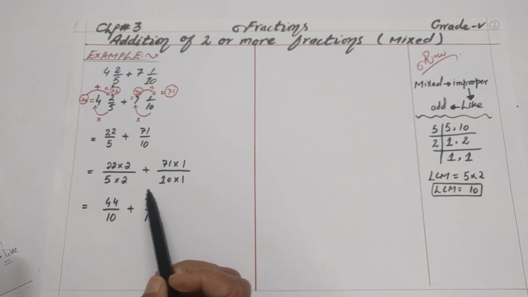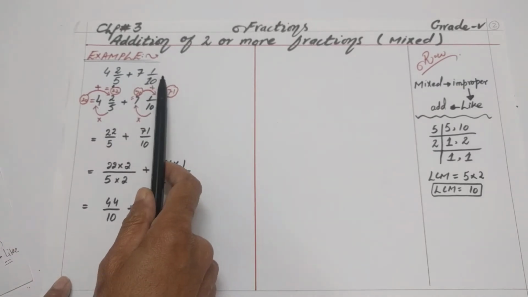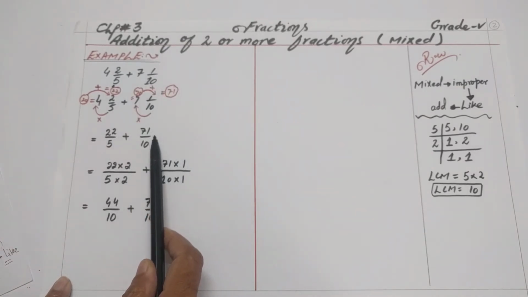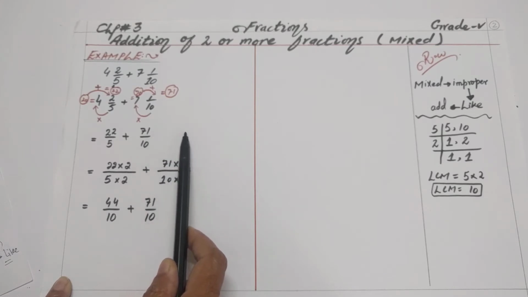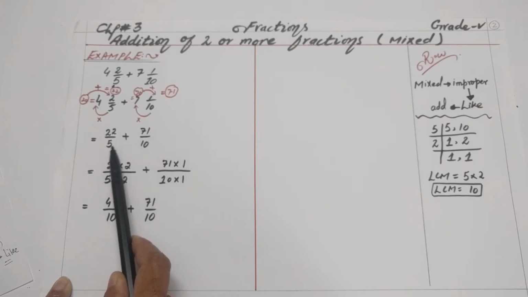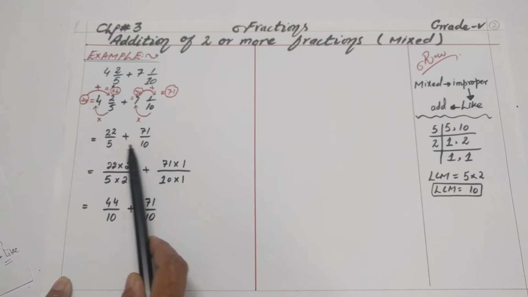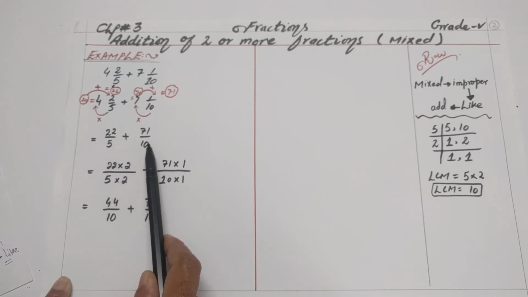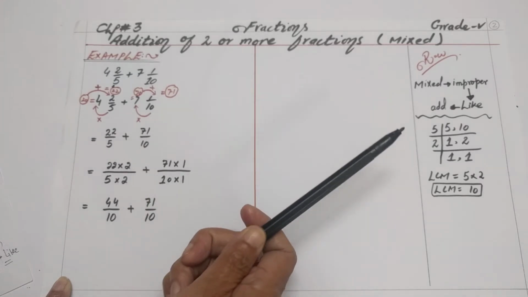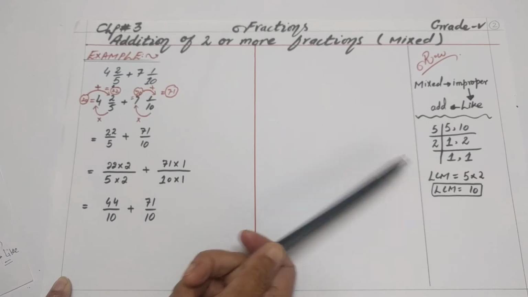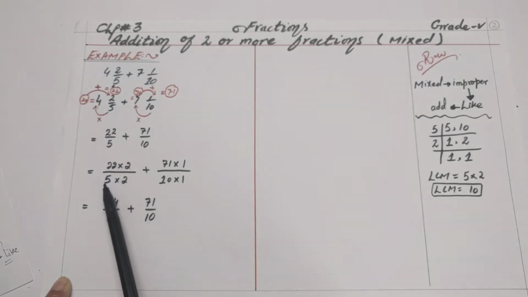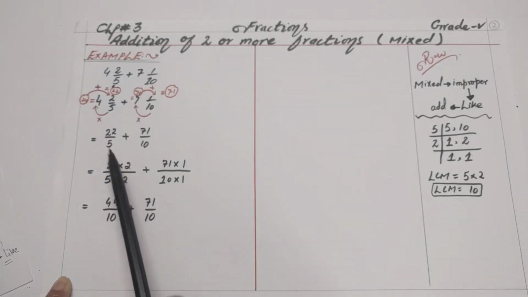Now firstly we have converted the mixed fractions into improper fractions. Then in the improper fractions we have different denominators, so we have to make the denominators same. To make the denominators same, we have to find the LCM of the denominators. As LCM is 10, in the denominator we should have the LCM 10.